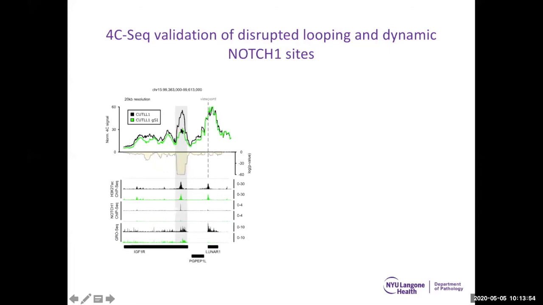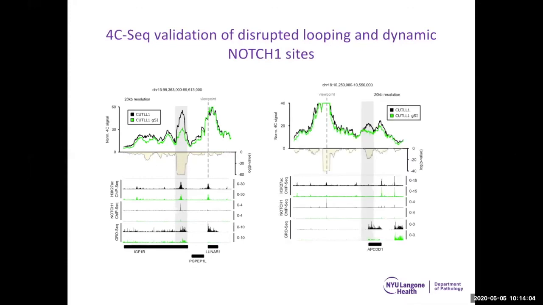If you add gamma secretase inhibitor, you go from black to blue to green, and you lose this particular interaction. If you look at a different gene, this Wnt inhibitor APCDD1, also controlled by Notch, you can see a very nice loss of interaction on the enhancer that controls expression of this gene.